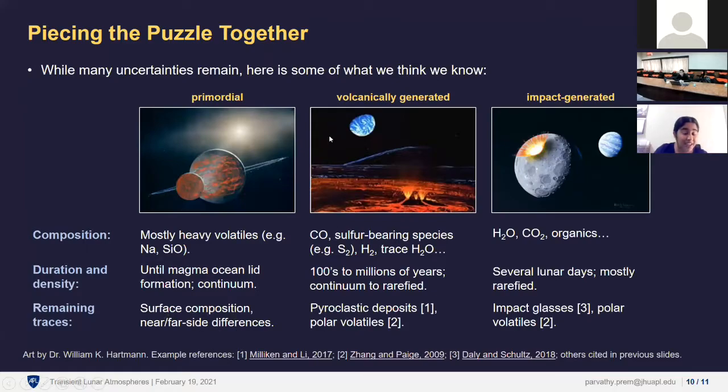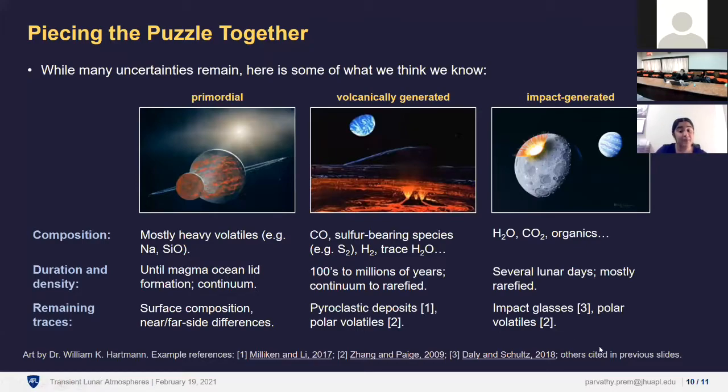Evidence of volcanism and volcanic volatiles are preserved in pyroclastic deposits, which are these beds of glass beads strewn near volcanic vents. Those have been observed in remote sensing data. So pyroclastic deposits and the volcanic glasses that they contain preserve some traces of those volatiles.